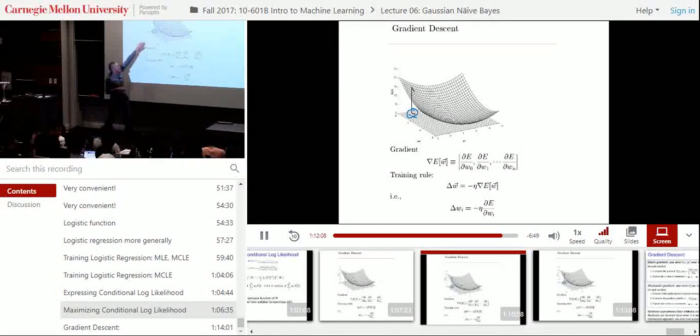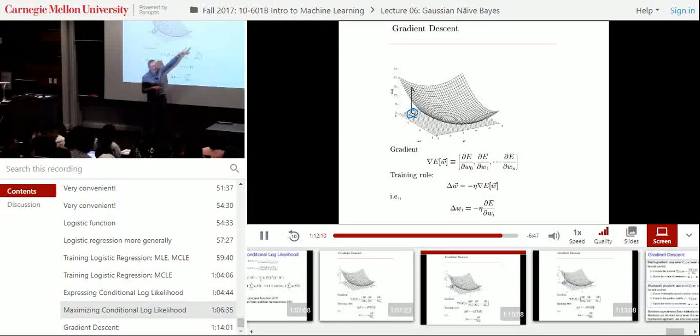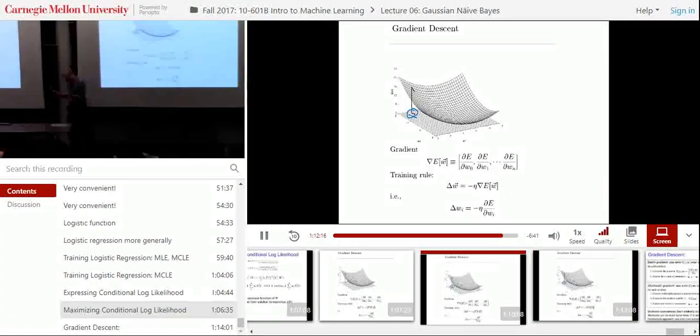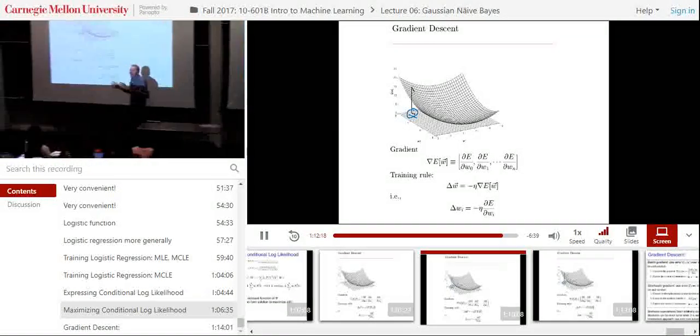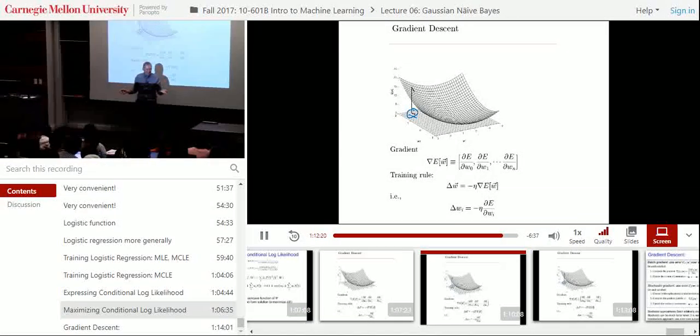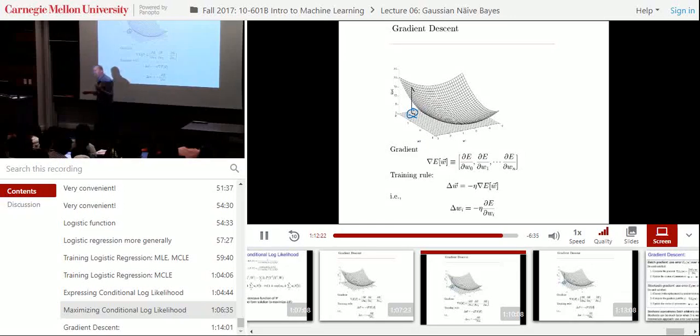What if the surface doesn't look as beautiful as mine, but it looks more like this? Okay, now we got a problem. Because you can see you could get trapped in a valley that's not the pleasant valley. And that is a serious problem. Fortunately for us people interested today in logistic regression, we can prove that the surface is of this form. There's a single local minimum.